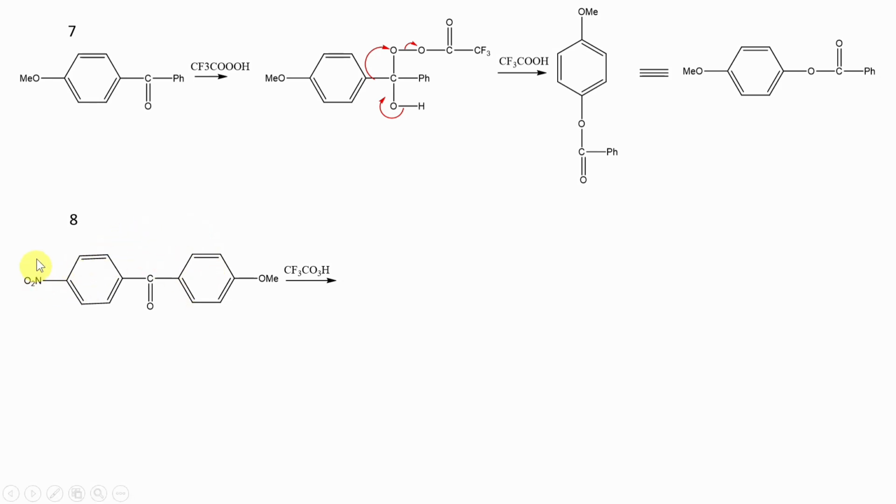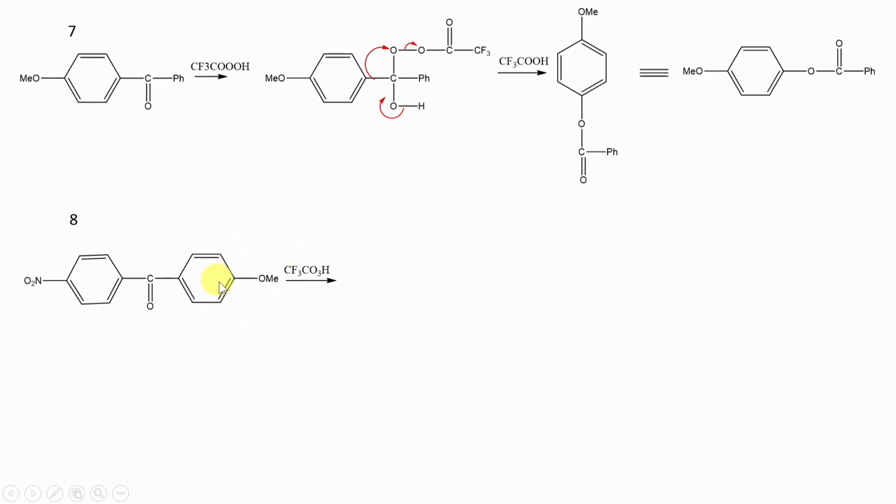You know, the para-nitrophenyl group has this nitro group with the minus M effect, whereas this methoxy group has a plus M effect. Usually the migratory aptitude of the para-methoxyphenyl group will be greater than the para-nitrophenyl group with this minus M group at the para position.